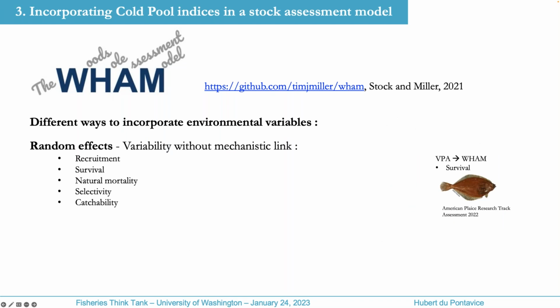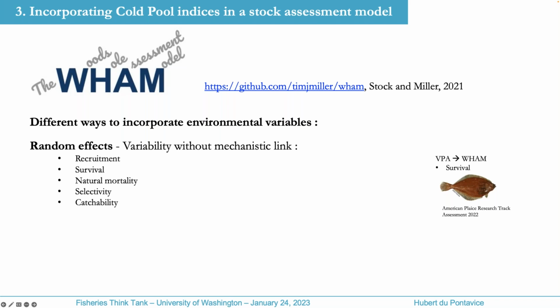One of the cool things with WHAM is that it's possible to incorporate time varying productivity in a flexible way. Basically, there are two different ways in WHAM to include time varying productivity. There are random effects, which can account for time varying population dynamic processes without a direct mechanistic link. So these processes can be recruitment, survival, natural mortality, selectivity, and catchability.